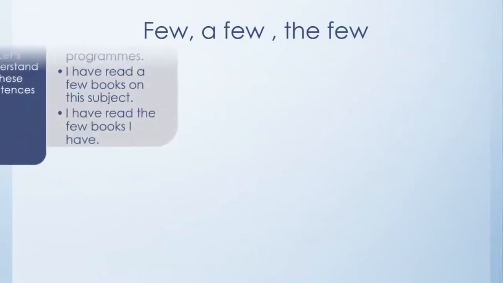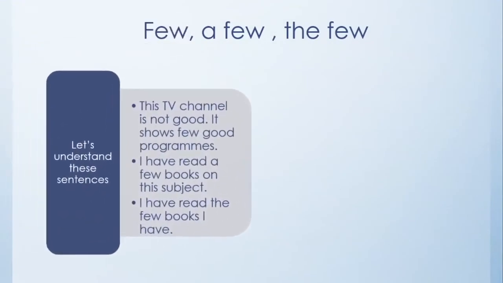Few, a few, the few denote number and are used before the countables in the plural number. Let's see these sentences. This TV channel is not good. It shows few good programs. Few means not many. It conveys a negative sense.